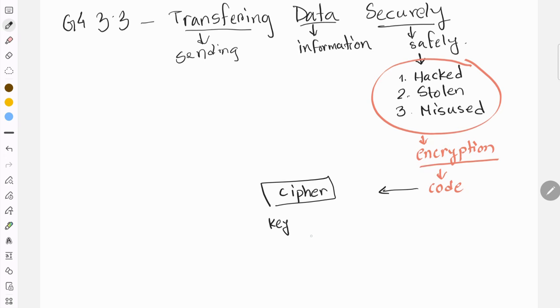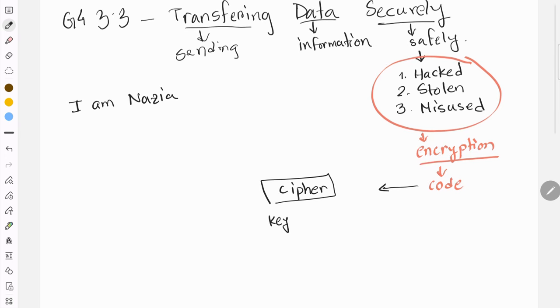Now let me give you an example to understand this, because this is a lot of information to understand at a time. Let's say I'm trying to send a message to my friend which says, I am Nazia. If I send this information to my friend without making it into a code, anyone on the internet can read my message and understand what I'm saying.